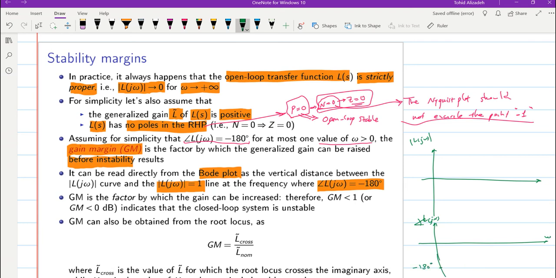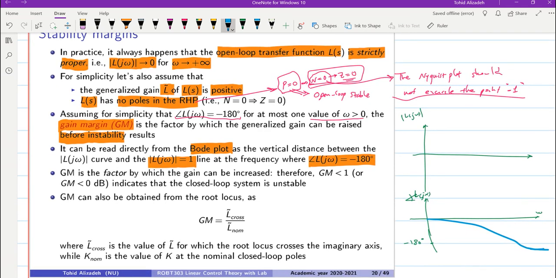-180 degrees. If it happens, let's say we have this as an example. So at the given frequency, which for this example will be this frequency ω star, we will find out that frequency ω star. Then we will check the amplitude plot.